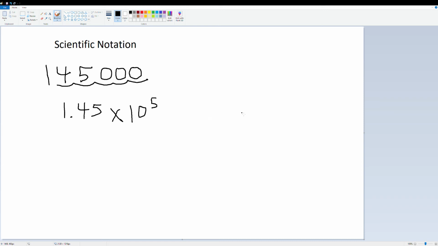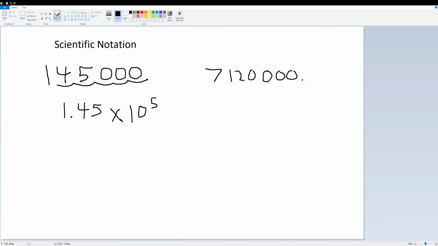Let's try another one. Let's take 7,120,000. So we're going to write that 7, 1, 2, then 3 more zeros. First thing, of course, we recognize is the fact that the decimal point is at the end of the number, and we're going to need to move that decimal point all the way over to next to the 7 and the 1.